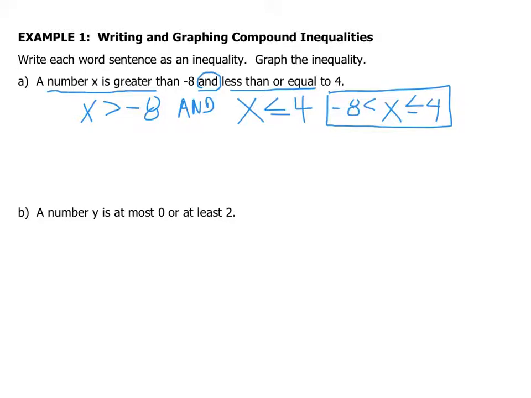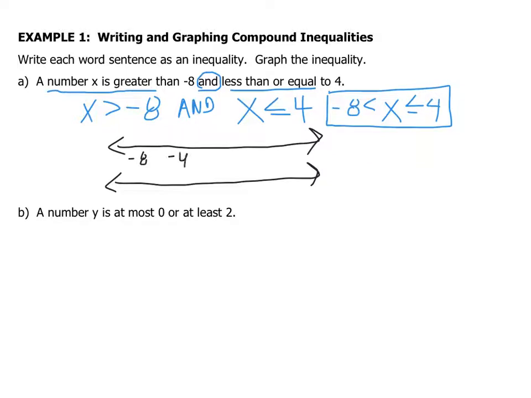Okay, so to show that graph, let's do it in two quick ways. Number one, we would have -8 at the bottom and then +4 on the other one. I'm just going to draw two number lines. For my number lines, we're going to go by 4s so you can see this happen.